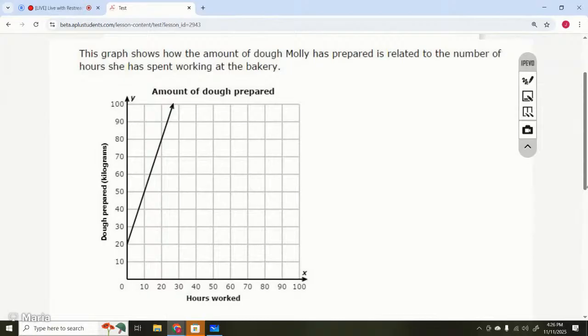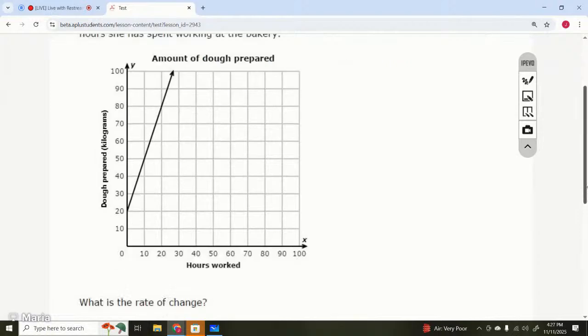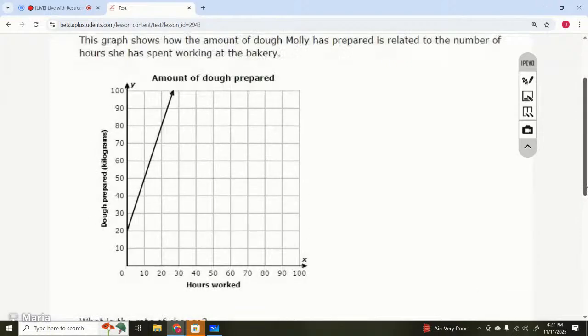This graph shows how the amount of dough Molly has prepared is related to the number of hours she has spent working at the bakery. What is the rate of change?